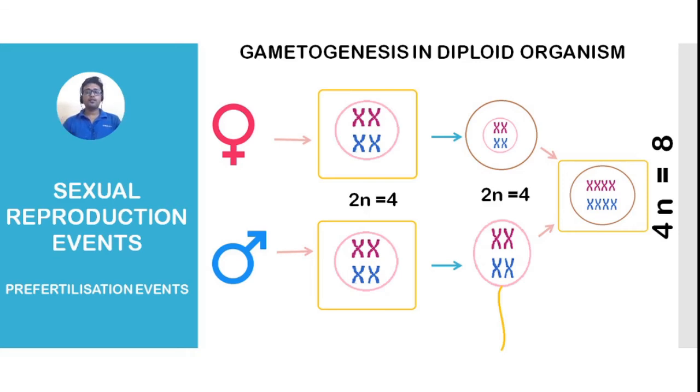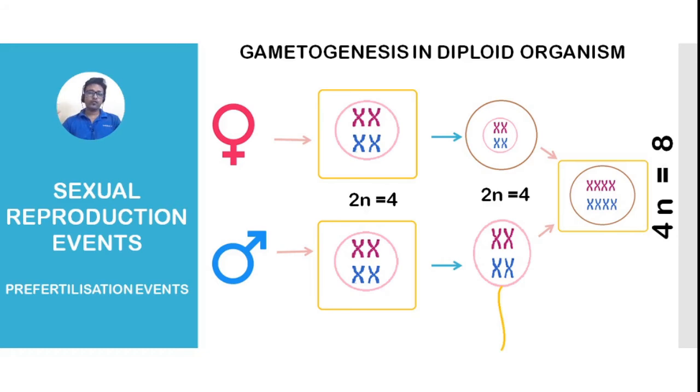So chromosome number remains constant from generation to generation in diploid organisms. But here you see the chromosome number has become double. The number of chromosomes is 4 and it becomes double, equal to 8, in the zygote. So this is not possible.